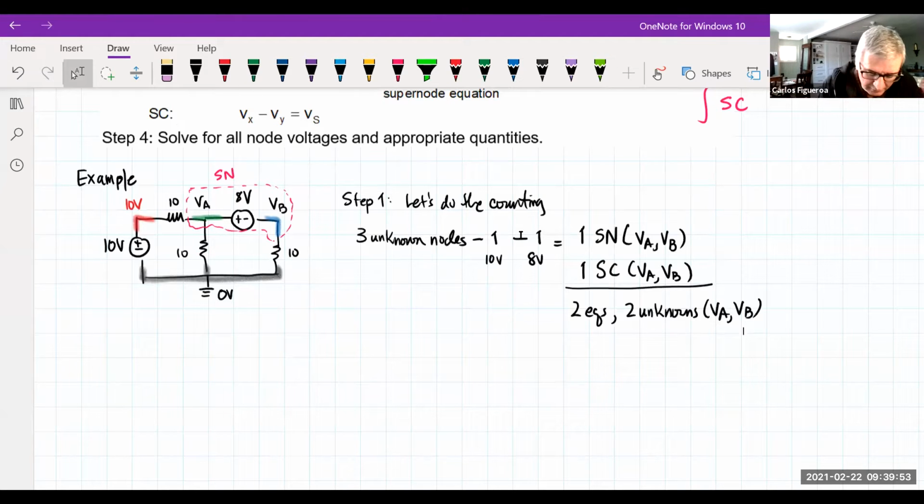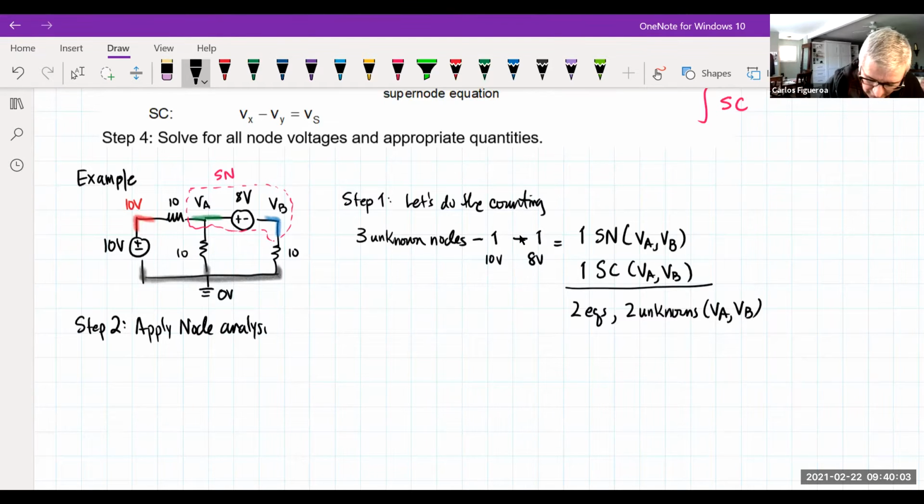So now I go to step 2, and I'm going to apply node analysis. I know that I have a supernode equation, and because of that, I cannot treat A and B separate from each other. I have to connect them with the supernode.